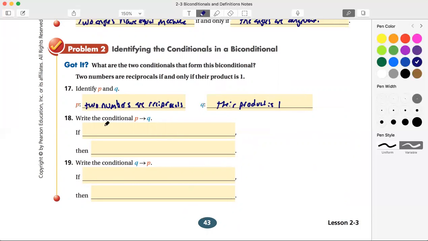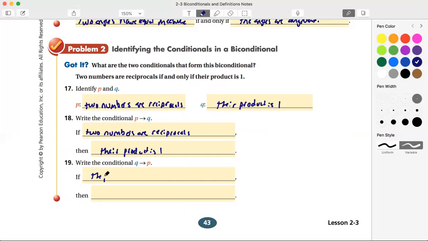So let's write the conditional. If two numbers are reciprocals, then their product is 1. Write the converse then.